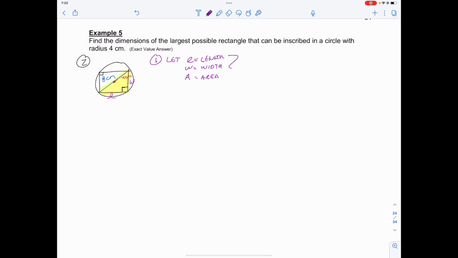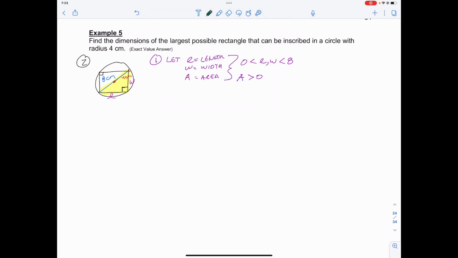And all of these have to be greater than 0. And the length and the width, because they're legs of that right angle triangle, have to be smaller than the hypotenuse of 8.